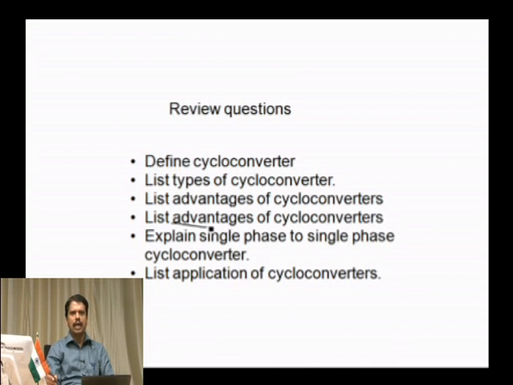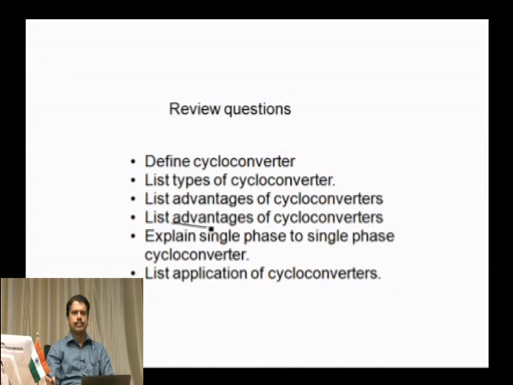And we discussed 3 phase to single phase cycloconverters, where the output frequency was 12 hertz. Again, we discussed the practical application where we use a 3 phase to 3 phase cycloconverter, for speed control of a 3 phase induction motor and of synchronous motors.